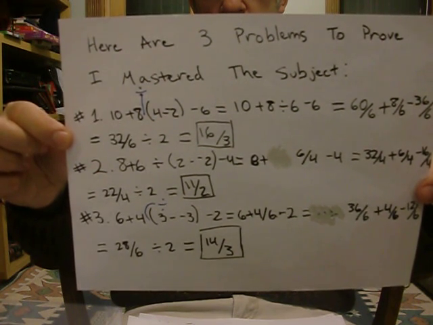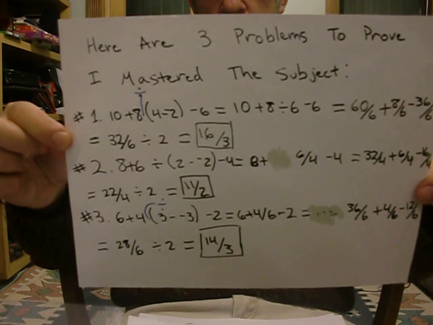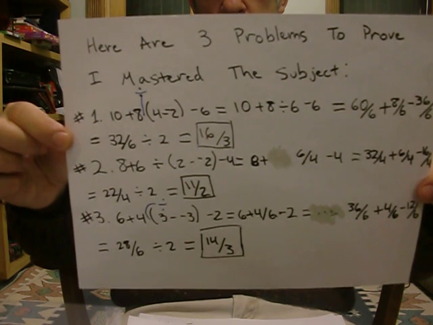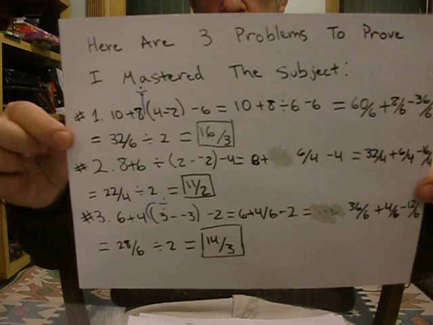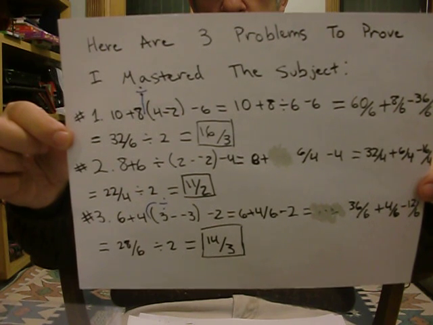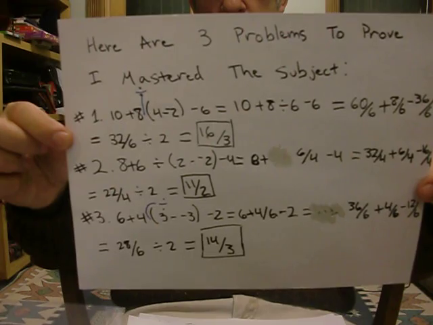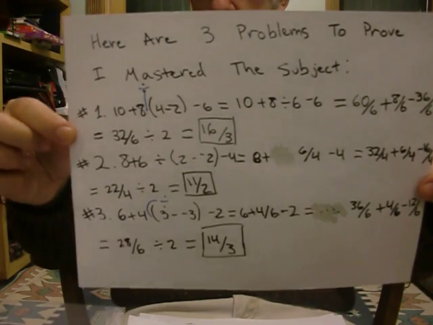Therefore, for every fraction whose denominator is not 6, you multiply the numerator and denominator by 6. So it becomes 36 over 6 plus 4 over 6 minus 12 over 6, which equals 28 over 6. Divided by 2 to simplify equals 14 over 3, and that is your final answer.